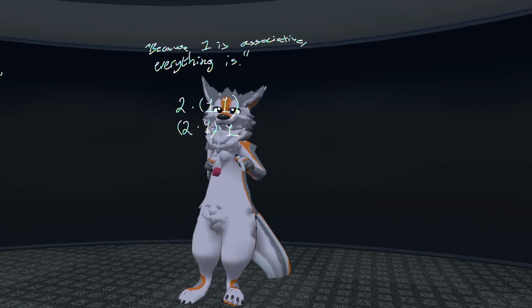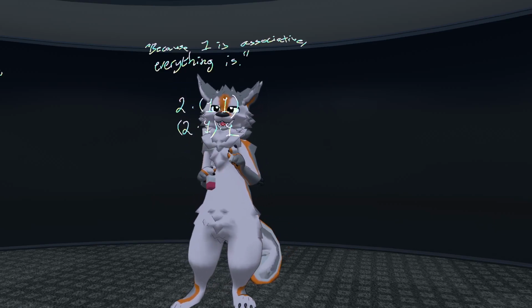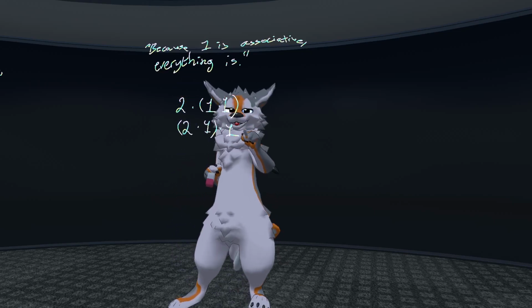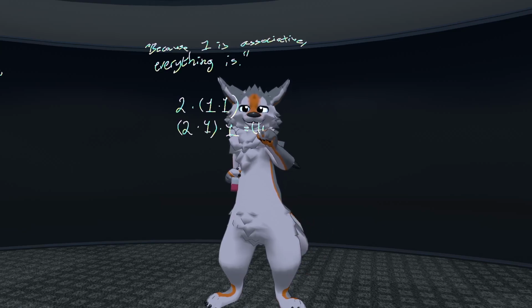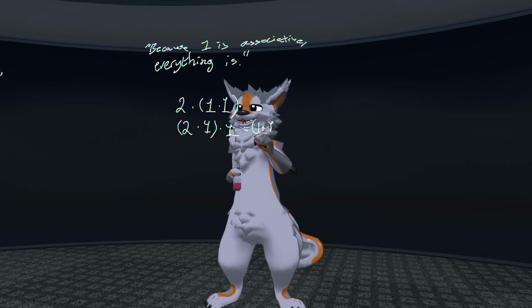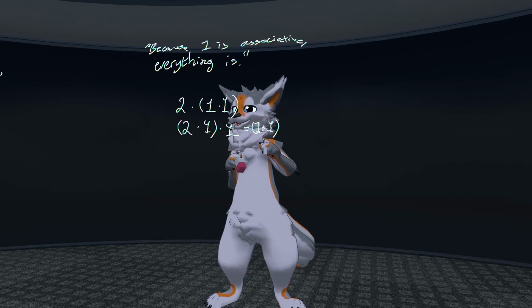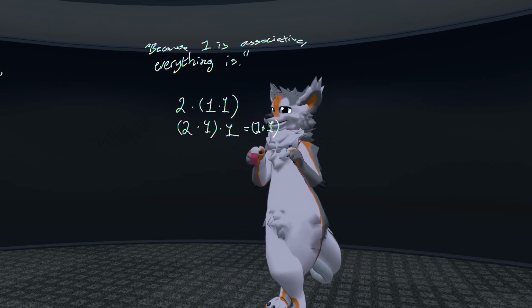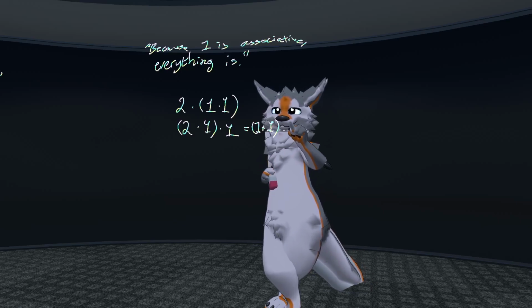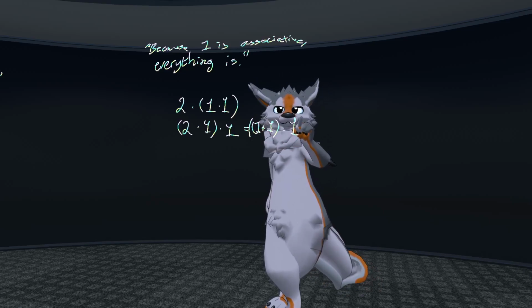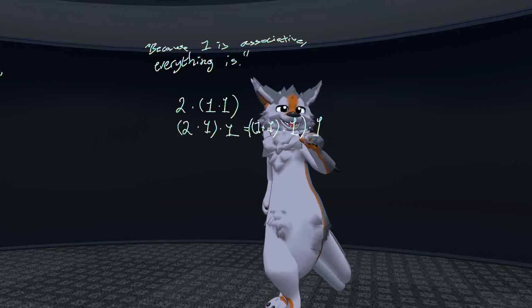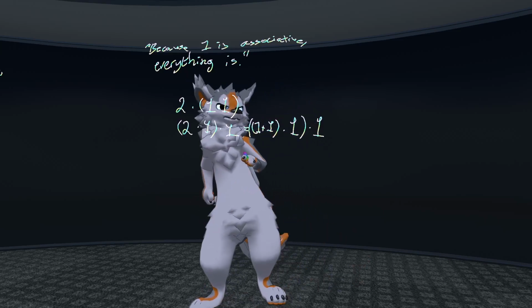Well, this thing is going to be equal to 1 plus 1, times 1. I'm being very inconsistent with my 1s. They look very weird, but let me just keep doing weird 1s. So we multiply by 2 on the left and then by 1 on the right, but we have written the 2 as 1 plus 1.